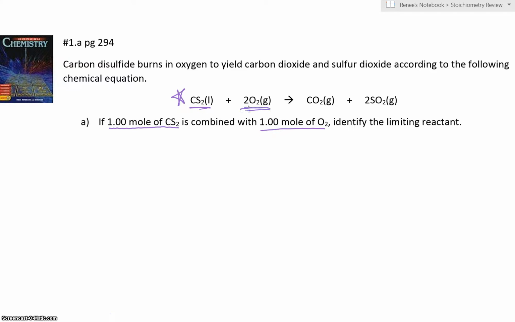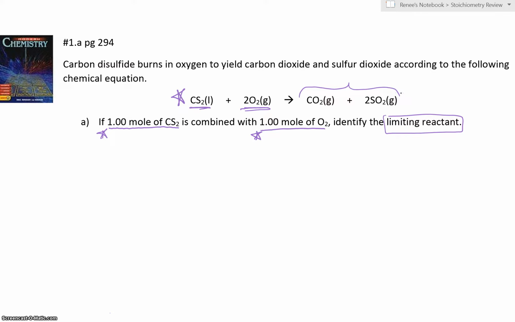Whenever you are given a limiting reactant problem, you will always be given 2 measurements of a reactant. And that tells you that before I figure out anything, I have to find this limiting reactant. Now, by definition, the limiting reactant is what limits the amount of these products that are being made. So there's 2 ways of doing this.